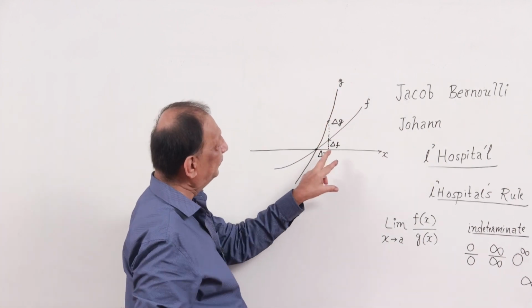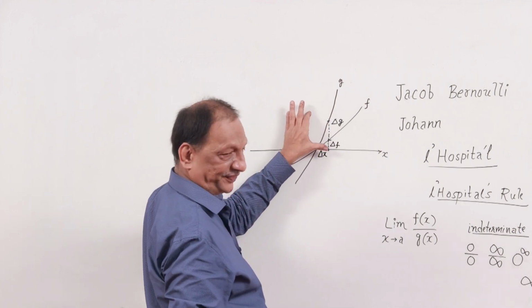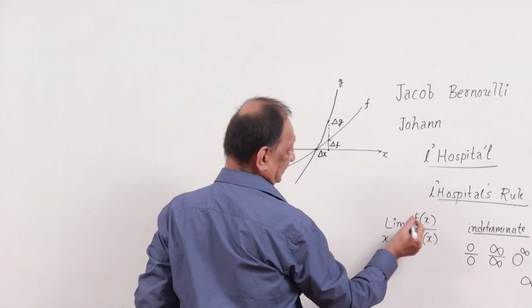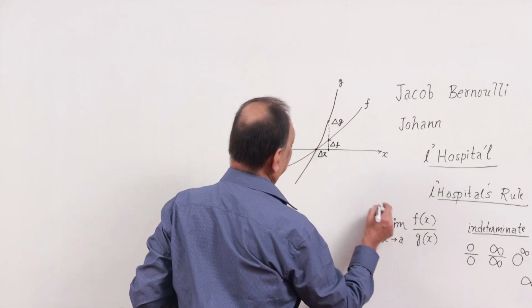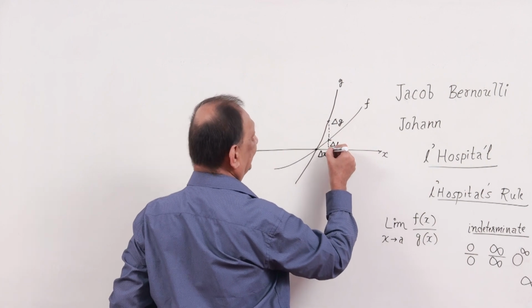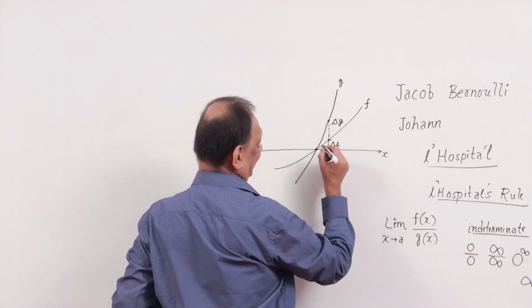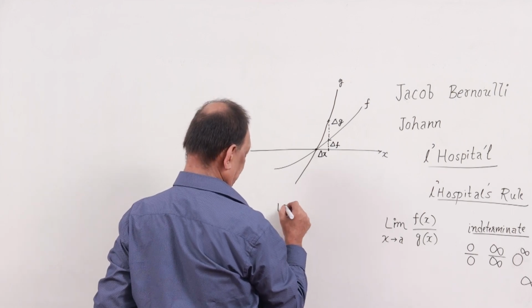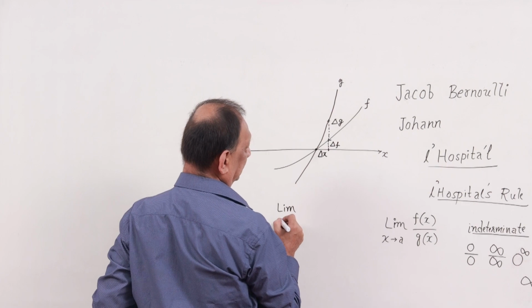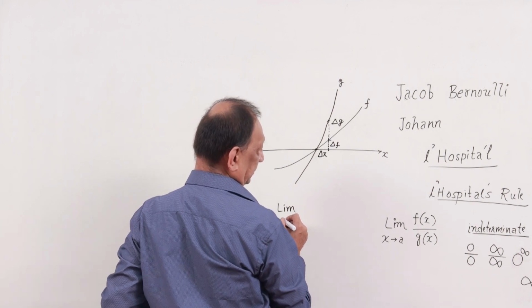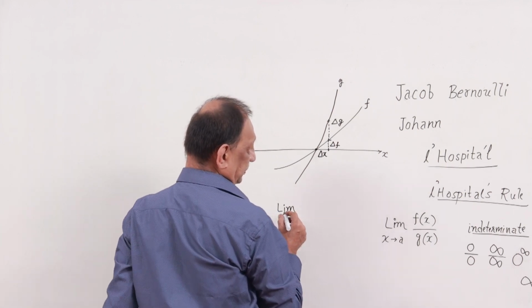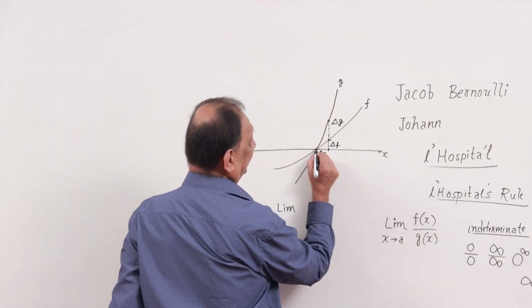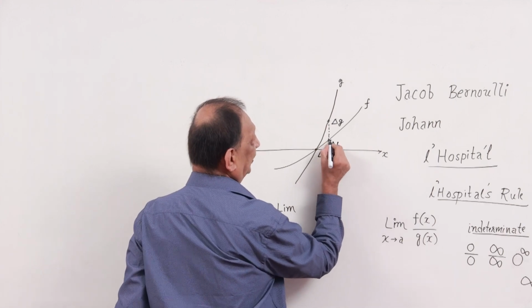So now, if you look at f by g, the value of the function f at delta x will be delta f.